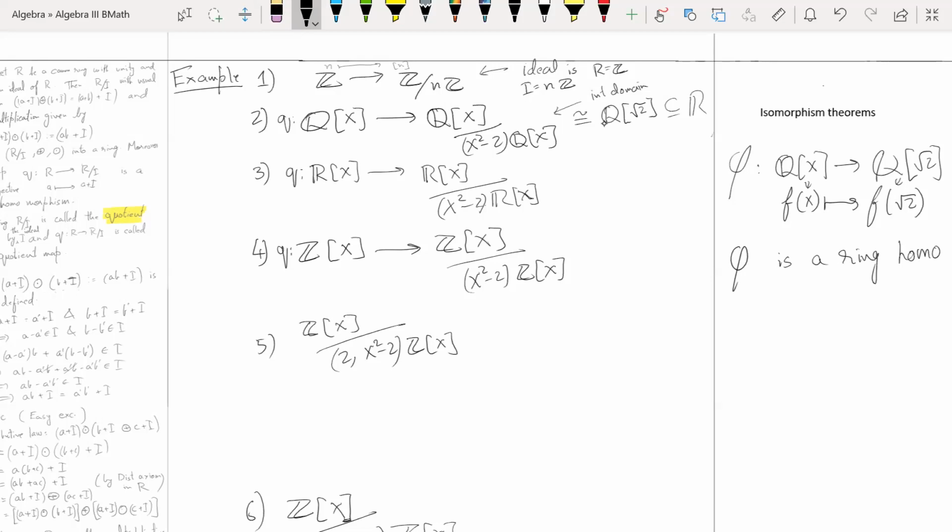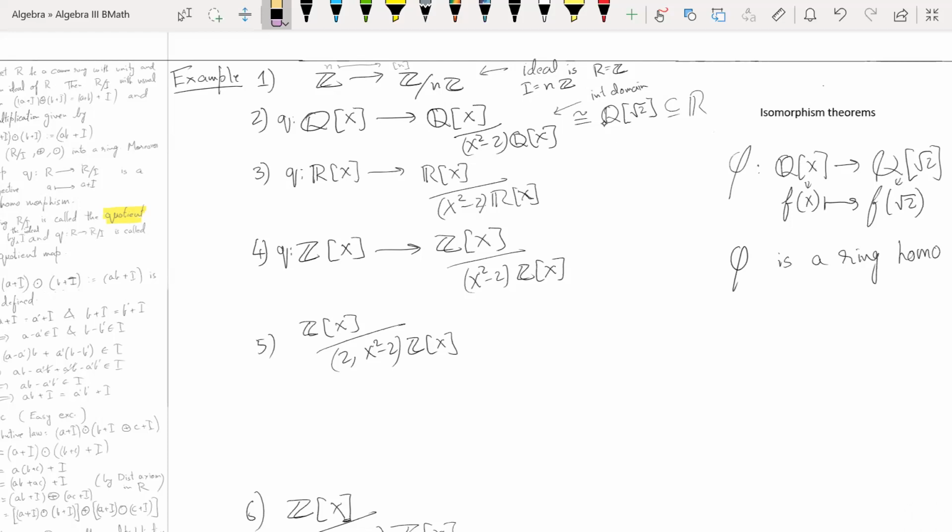You just check that f(x) plus g(x), when you evaluate it at square root 2, is the same as first evaluating and then adding. First evaluating and then adding is the same as first adding and then evaluating. And similarly with product. So phi is a ring homomorphism.